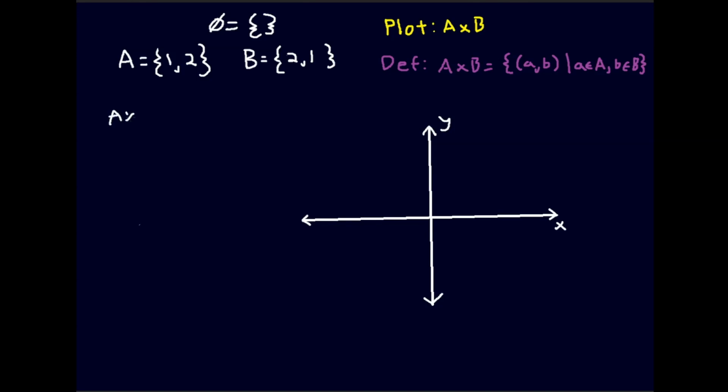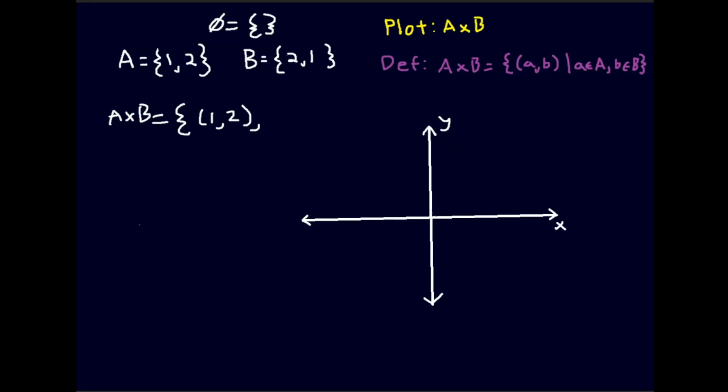So the Cartesian product of A and B, almost looks like not equal to. So the first element is 1 and 2. So there's no numbers labeled on here, so we're just going to do a rough estimate. But this is going to be our x, this is going to be our y.